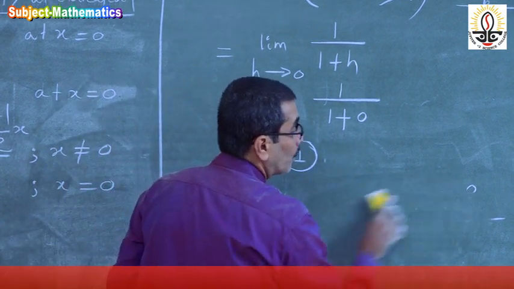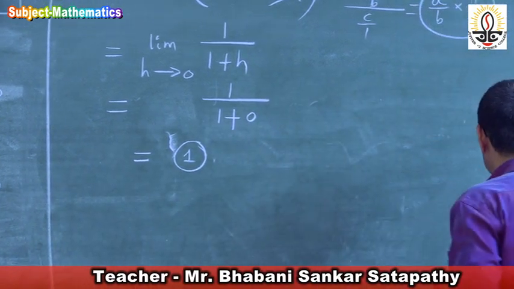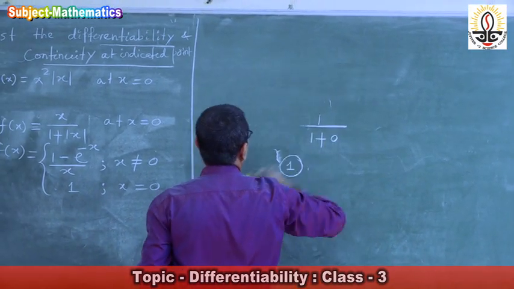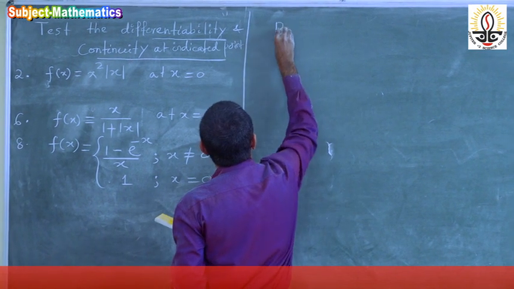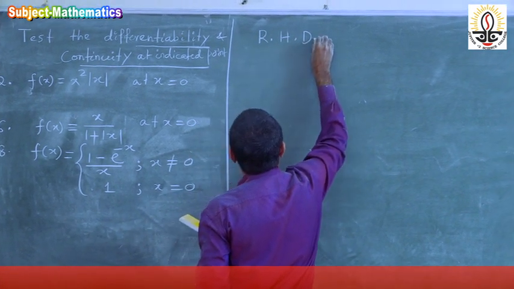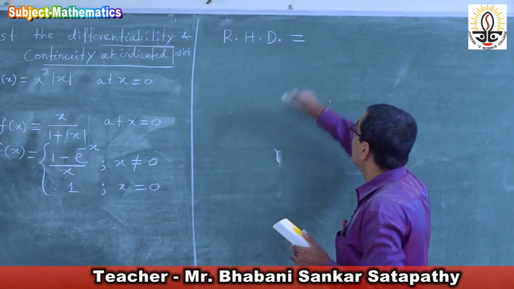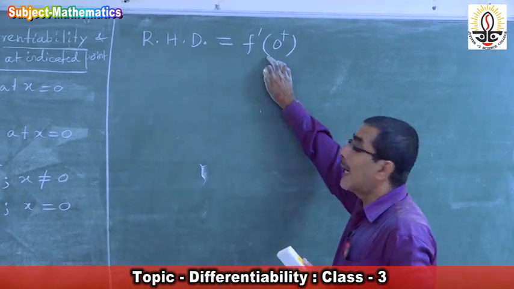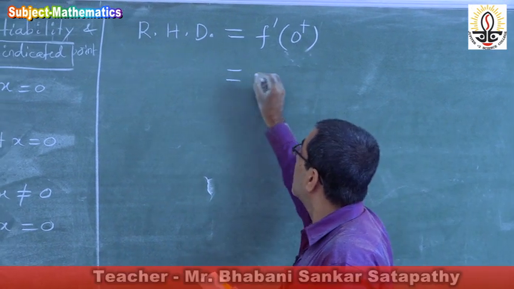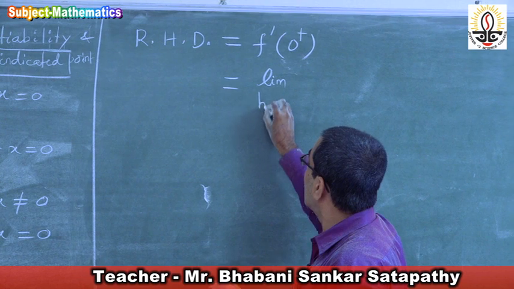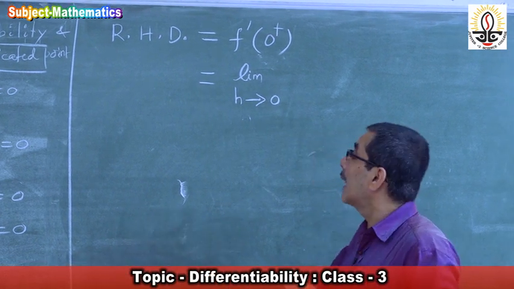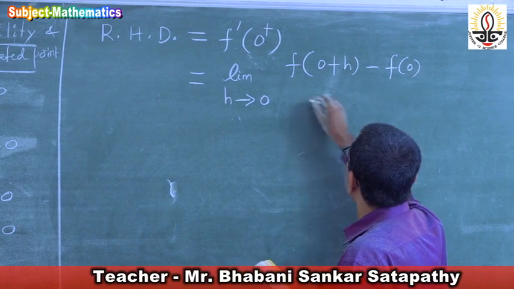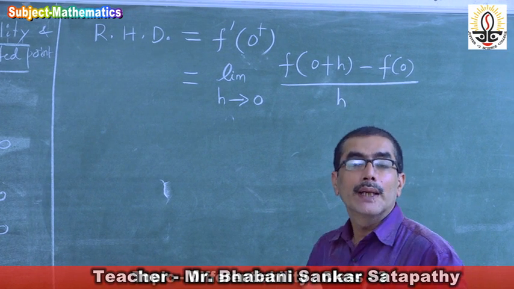So this is the left hand derivative of the function. Now we will find out the right hand derivative. You just write yourself: the right hand derivative is equal to f dash 0 plus, which is equal to limit h approaches to 0 of f of 0 plus h minus f of 0, divided by h.